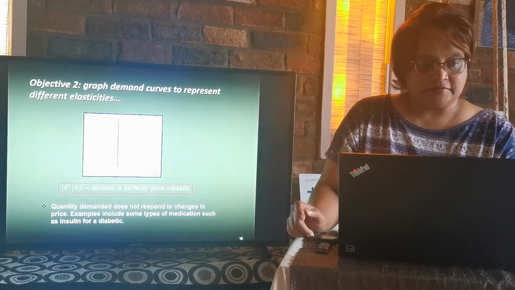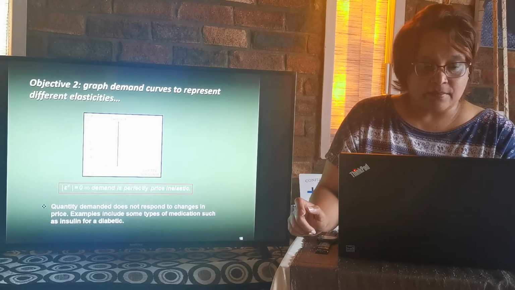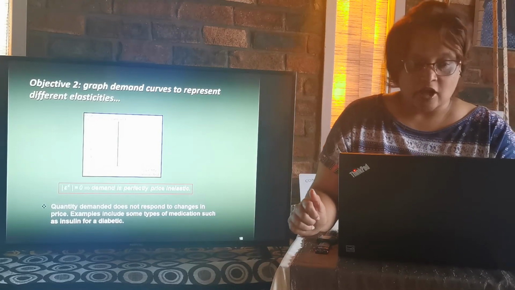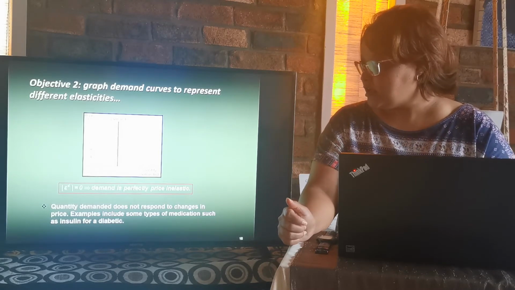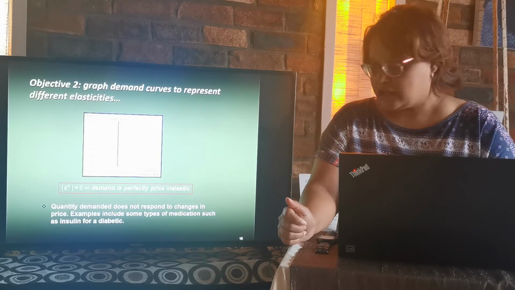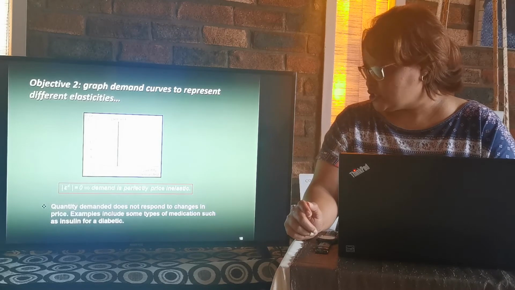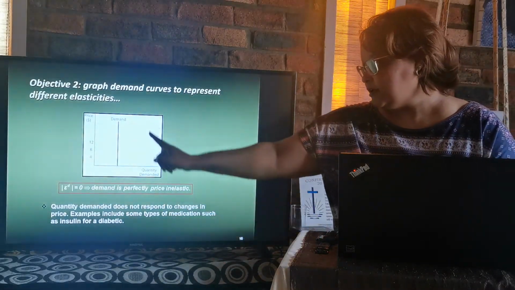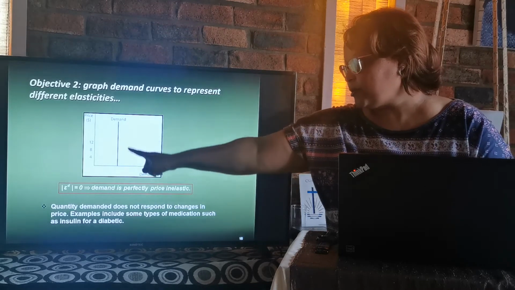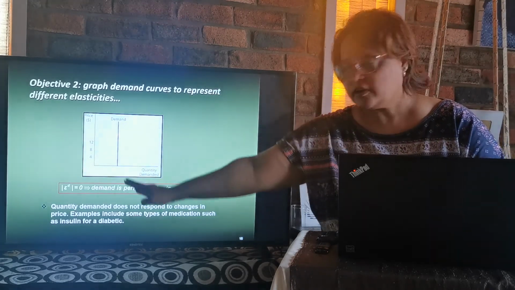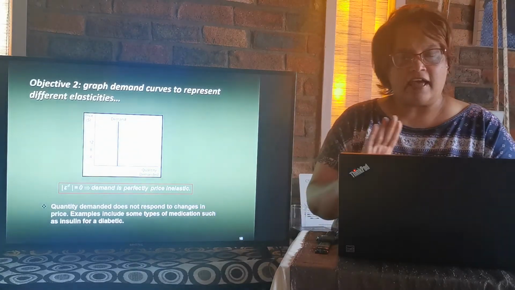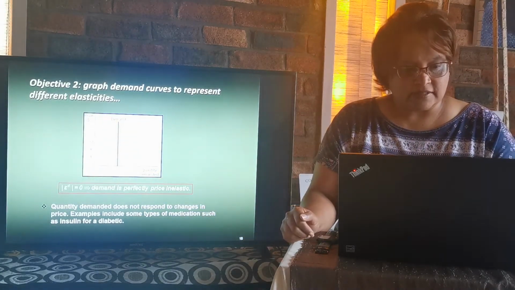The graphs. Quantity demanded does not respond to changes in price. So we will say that is perfectly inelastic. The demand is there and the price does not have any effect on it.